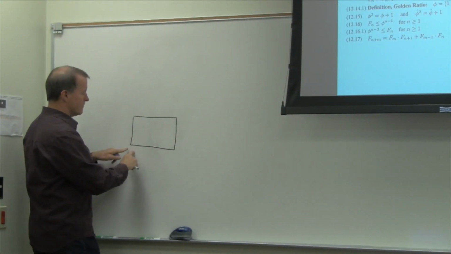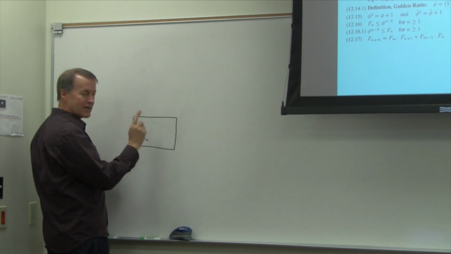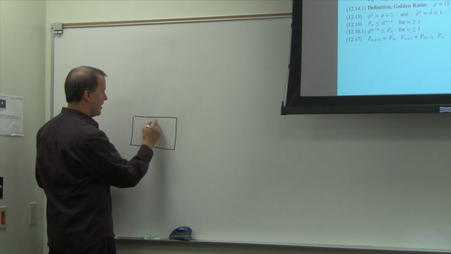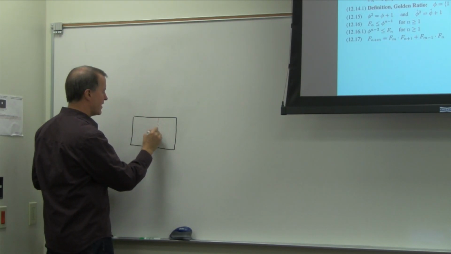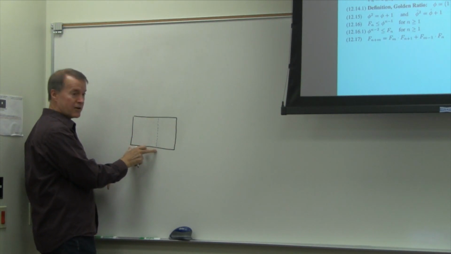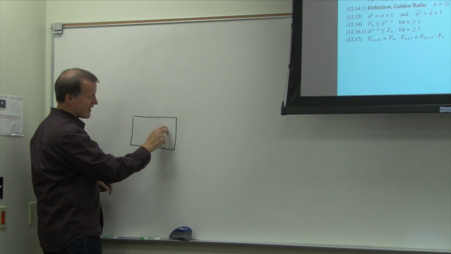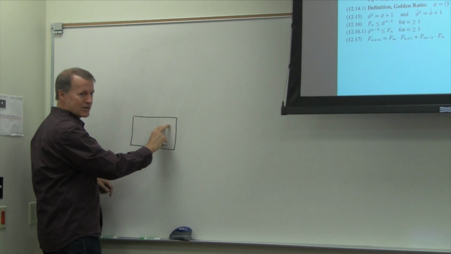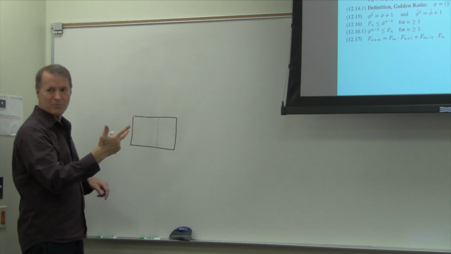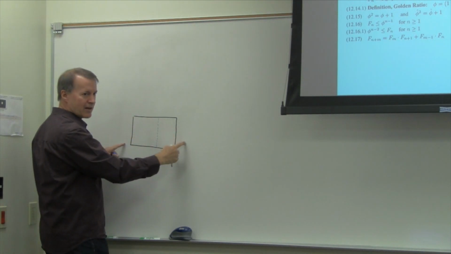The rule was, if you take this rectangle that is the most pleasing to the eye, the characteristic it should have is this. If you make a line here such that this left part of the rectangle is a square, so you take this length and draw this, then the rectangle that's left over should have the same ratio, the same pleasing aspect ratio as the whole thing.